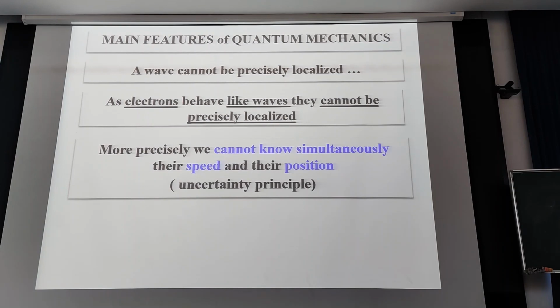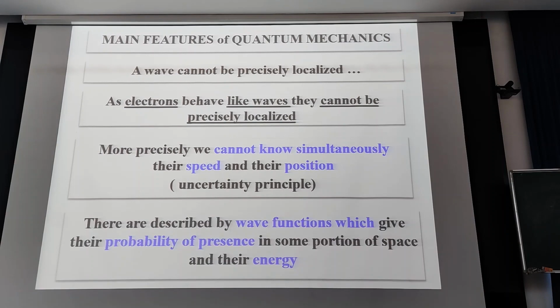So more precisely, we cannot know both the speed and the position of the electron. This is the Heisenberg uncertainty rule. That means if you know the speed, you don't know the position. If you know the position, you don't know the speed. Okay? You cannot know both. It will be like this in physics.